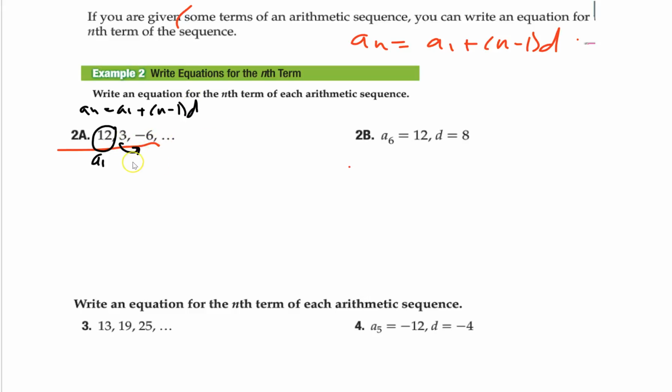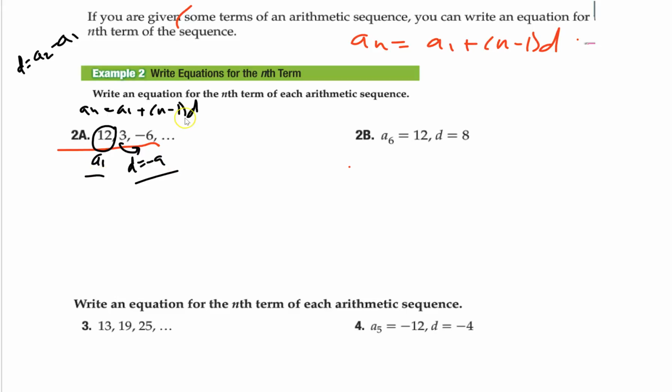You're subtracting 9 every single time. By the way, I never mentioned this, because it's usually common sense, but the way you find the common difference is a2 minus a1, the second term minus the first term. So here you'd get 3 minus 12, which is -9. Most of the time we don't use it, you just look at it, but that's the proper way of doing it.